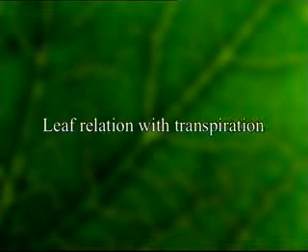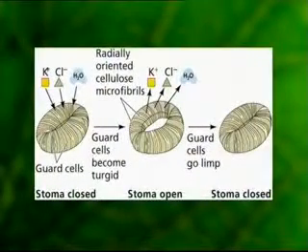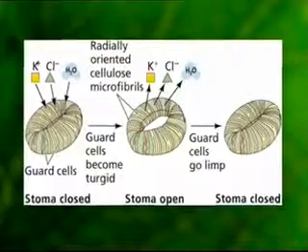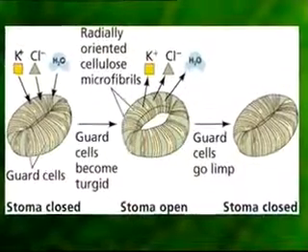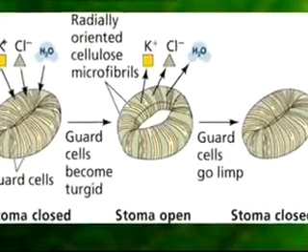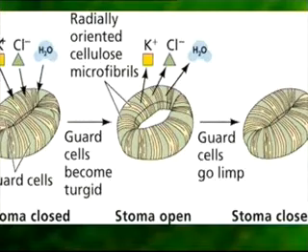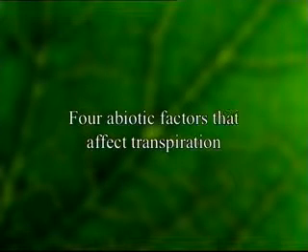Now, the leaf has a definite relationship with transpiration. Besides the opening and closing of stomata, there are a number of external factors that affect the transpiration rate. External variables are known as abiotic factors. There are four abiotic factors that affect transpiration.